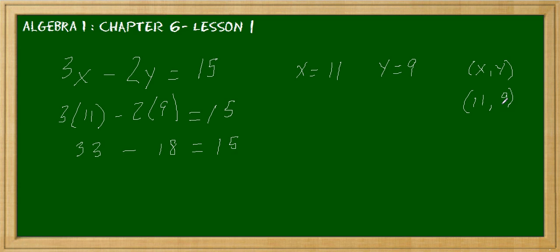For example, if x is equal to 1, we're just going to plug in the next value for x. That means we'll have 3 times 1 minus 2y is equal to 15. That means 3 minus 2y, because you multiply 3 times 1, and you get 3. And you have 3 minus 2y is equal to 15. Now, we're going to want to solve this equation. And if you remember well, we could subtract the 3 from each side, which is basically what they did here.